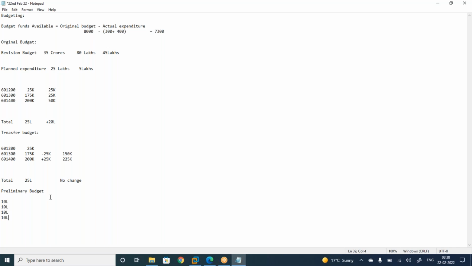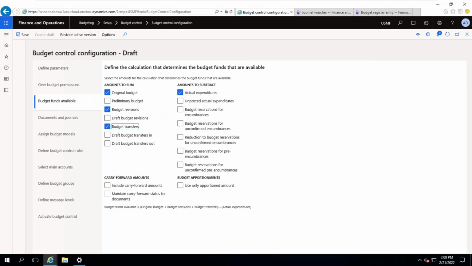That is preliminary budget. Understood? Clear? Any doubt in this? Preliminary budget. Yes. So we can add that one also: original budget, preliminary budget, budget revisions, budget transfer.